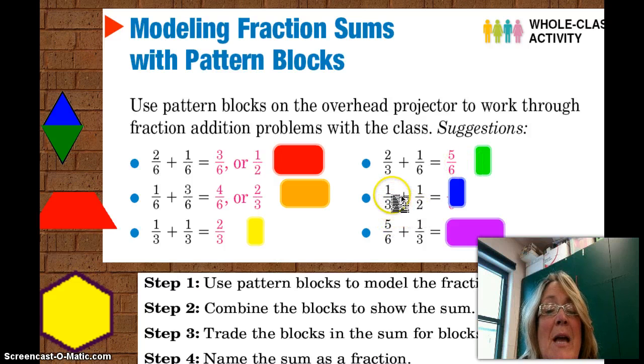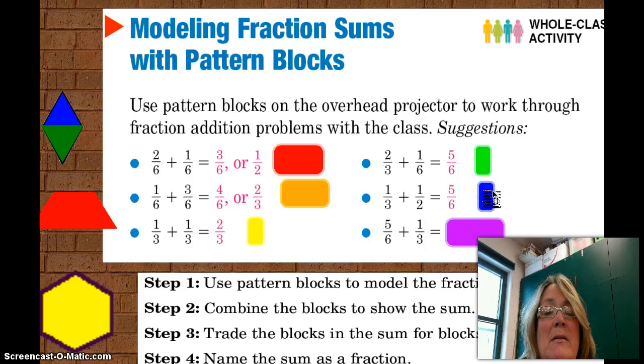Again, you should be thinking about using your shapes, your pattern blocks, that if we do 1/3 plus 1/2, you should be realizing that both of those can be made into sixths, and you will have 5/6. And then 5/6 plus 1/3, again we're changing that, that should equal 7/6, or 1 1/6. It's 1 1/6 because 6/6 would equal a whole, and there'd be 1/6 left over.